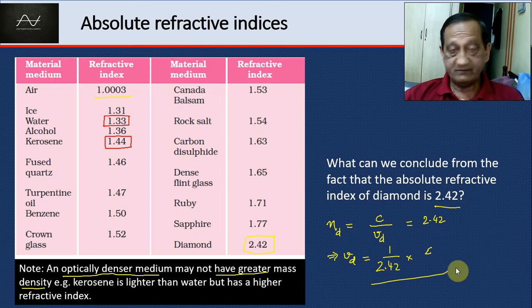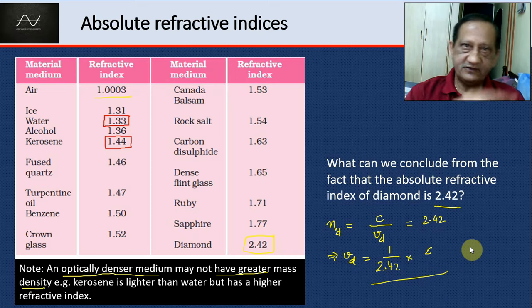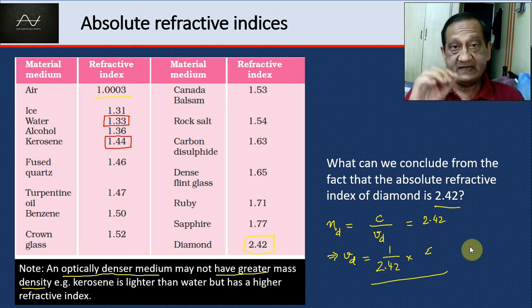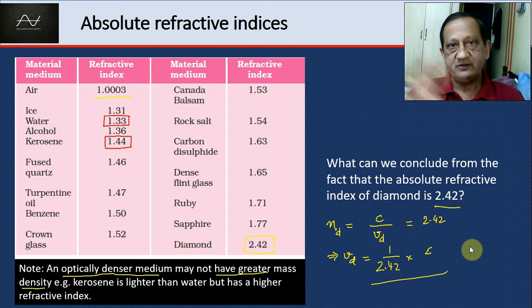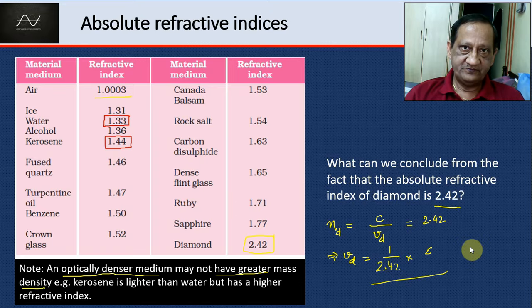That is the meaning. Larger the refractive index, smaller the speed. In fact, n into v is constant. n is the absolute refractive index, v is the speed of light in that medium. That product is equal to c, and that is constant. If n is high, then v is low. That is the meaning of refractive index.